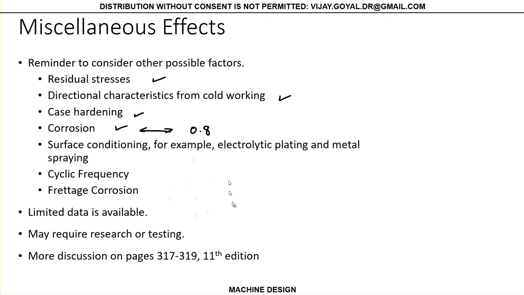So there are many things that could enter in this miscellaneous effect. So at the end of the day, you have this K infinite, and this K infinite will be the multiplication of all these factors that we just talked about. Okay? You multiply them.